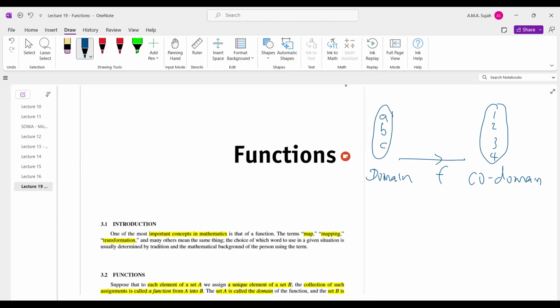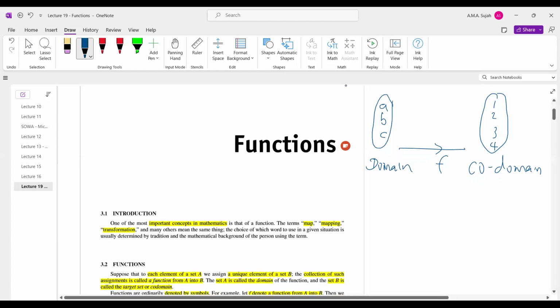A function means a set of elements, maybe this is set A and this is set B. So for each element of set A, we need to assign a unique element of set B.